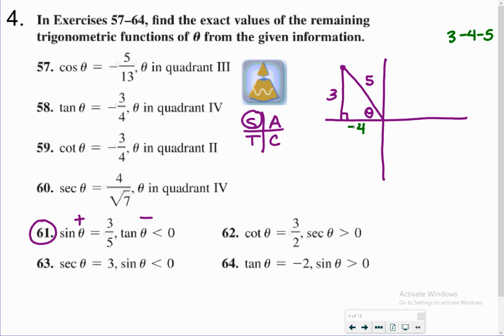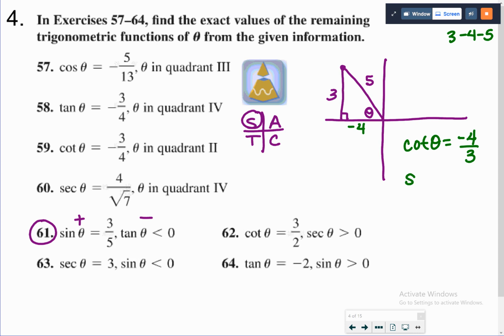All right, now once you have that, you can literally find any trig function I ask you to do. So let's do a couple. Let's say the problem said find cotangent of theta. What would you say the answer is? It would be adjacent over opposite. So negative 4/3. Or if I said find the secant of theta.